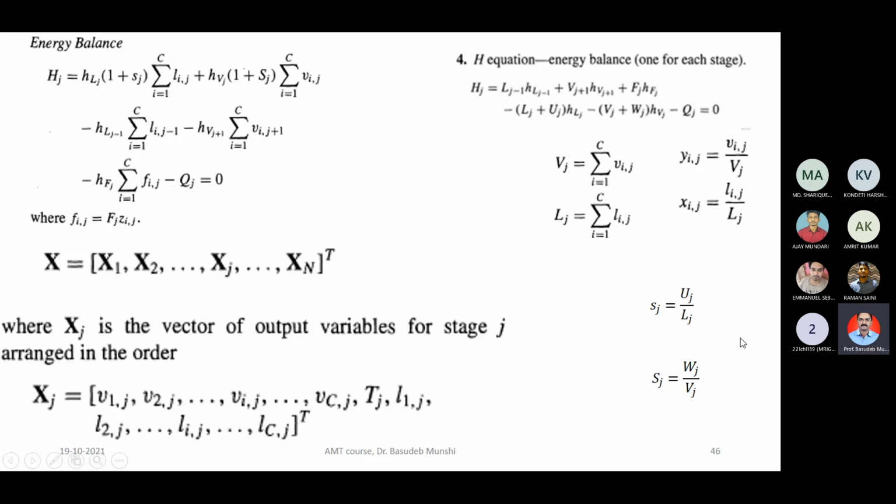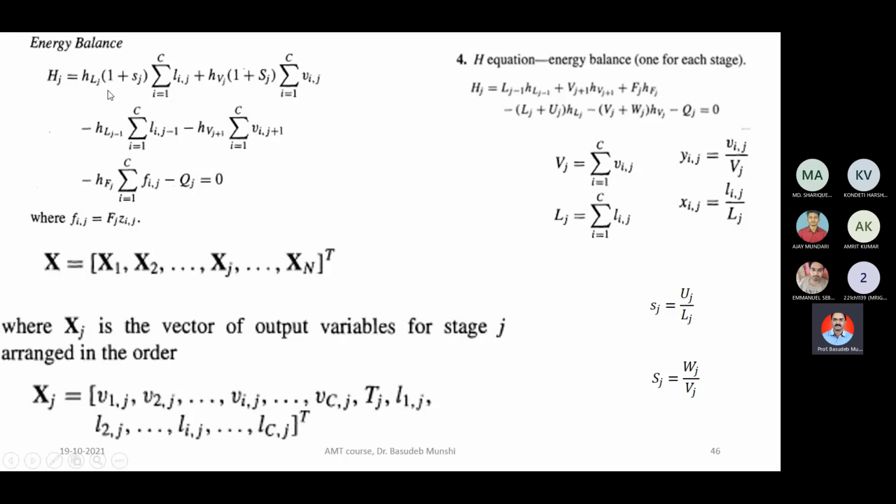So altogether, if we see all the equations, then we have variables like this one. For any stage j, you have sigma Vij. If you expand it, what will you get? V1j plus V2j plus V3j, it goes up to VCj. So those variables are present inside the system.